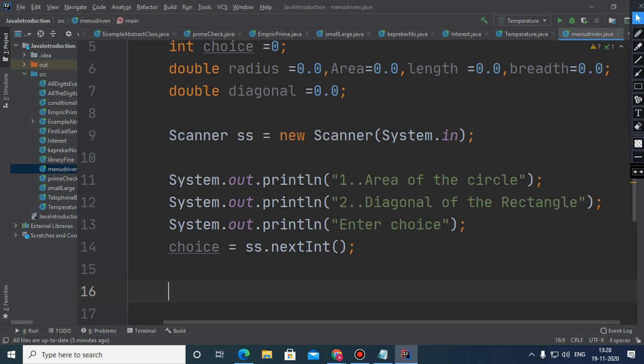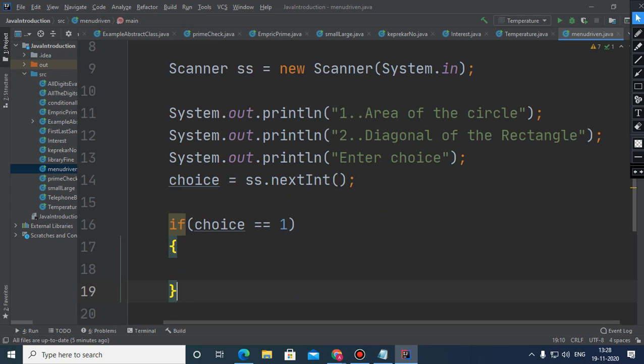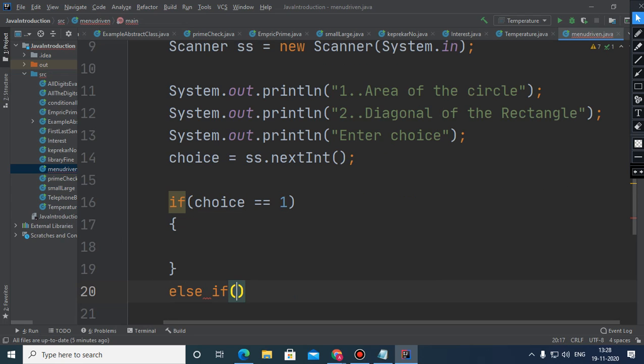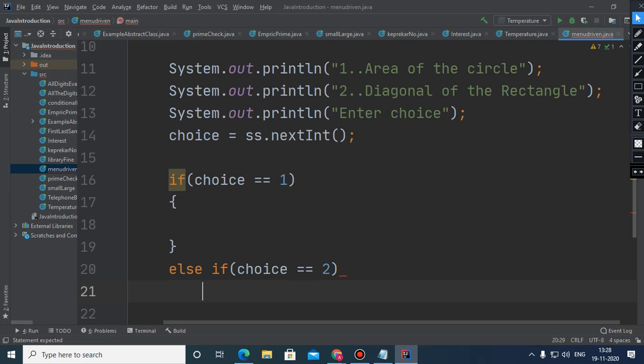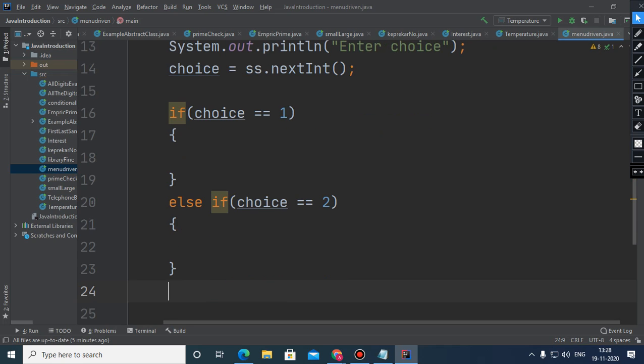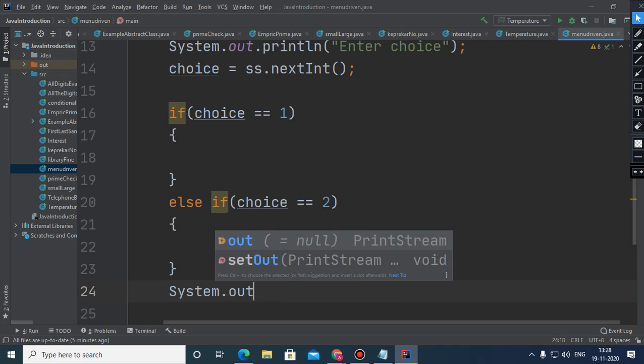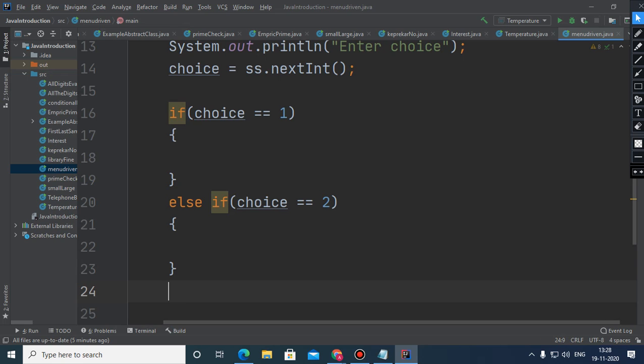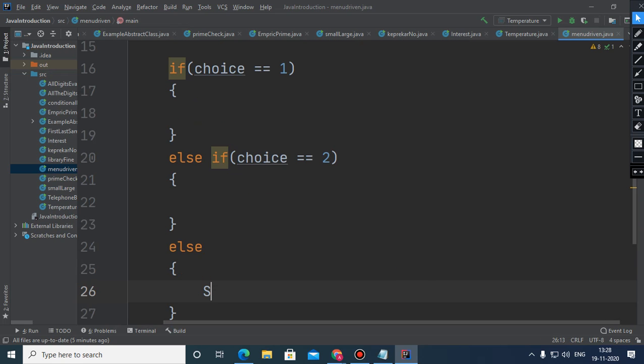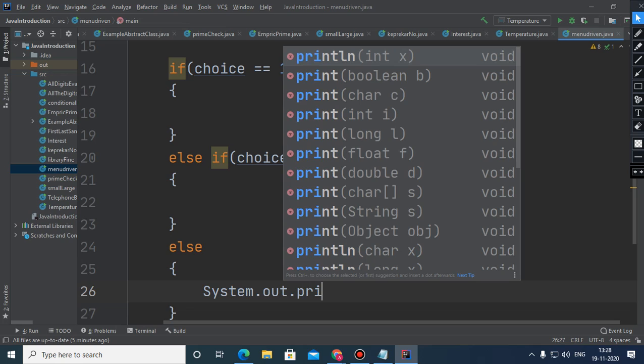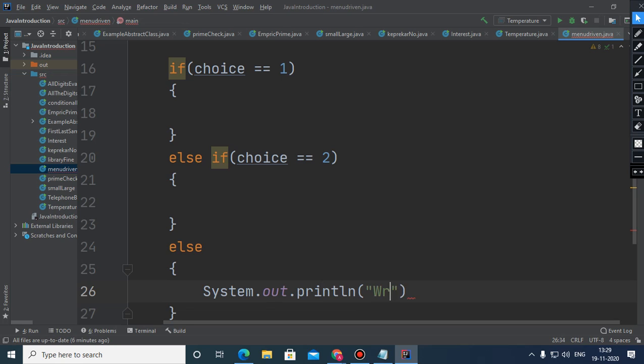And then what to do? If choice is 1, if choice is 2, else wrong choice.